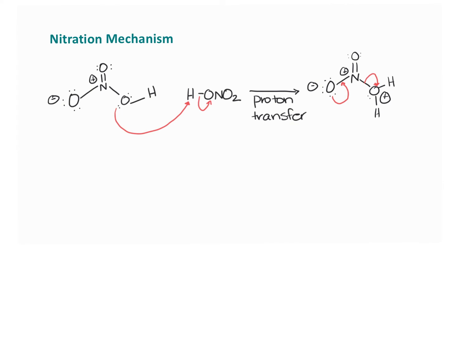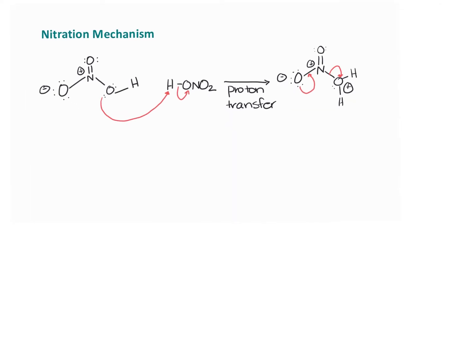Okay, and so this is a heterolysis step. So then what we're going to see here, right, is a nitronium ion. And this is what goes through the electrophilic addition.